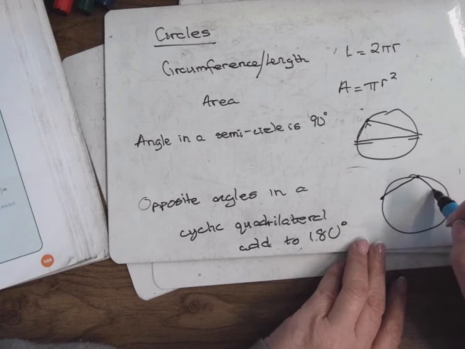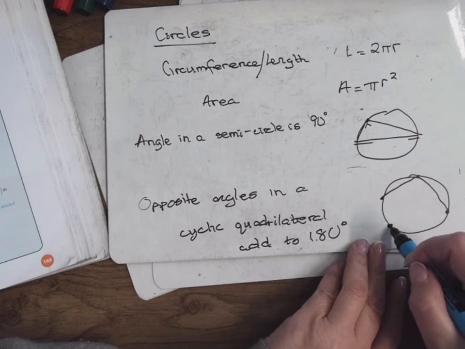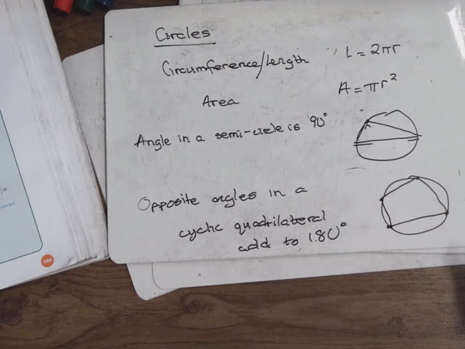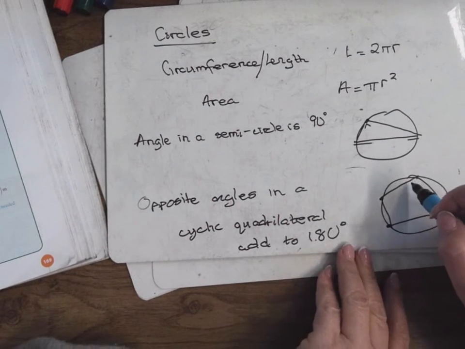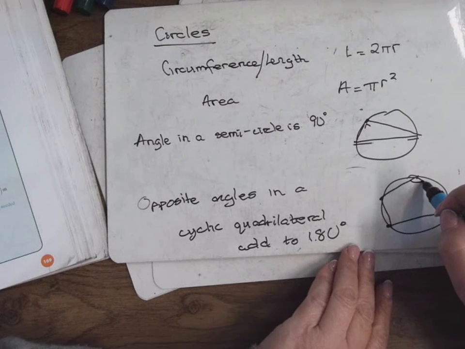That's a cyclic quadrilateral, a four-sided shape inscribed in a circle. The opposite angles add to 180 degrees.